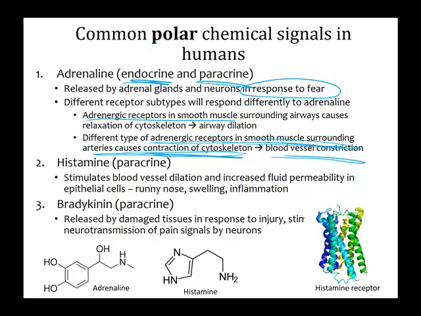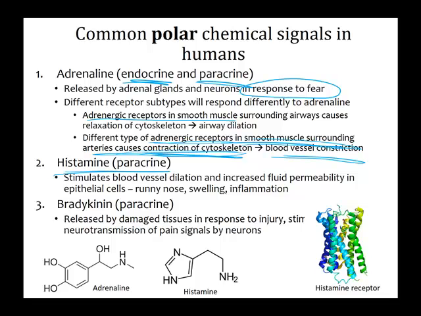Histamine is a paracrine signal. Histamine is released in response to tissue injury or irritation by those irritated cells. And that actually triggers blood vessel dilation. And it also allows more fluid into your skin cells. So this results in a runny nose, right? This results in swelling as that fluid floods in.